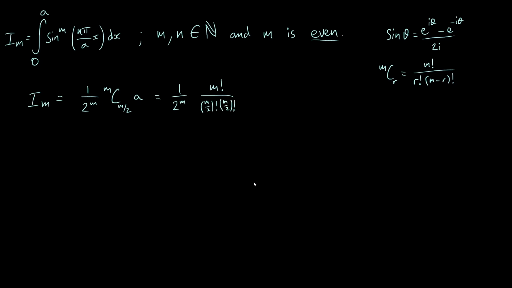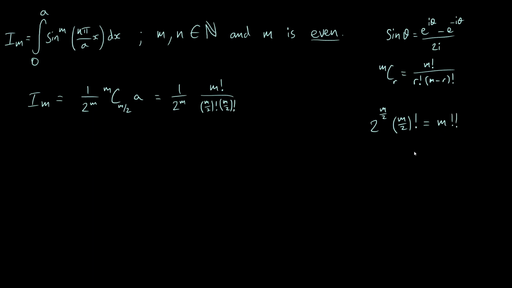Now I would like to use another result which I derived in my previous video. Not the one about this integral, but I recently made another very short video where I derived a nice identity involving factorials. The identity was that 2 to the m/2, if m is an even number, times (m/2) factorial is equal to m double factorial.